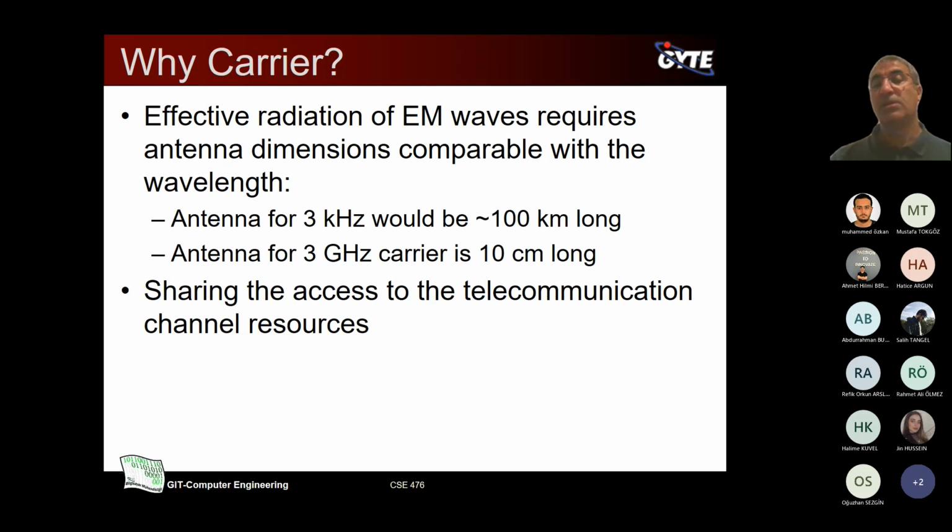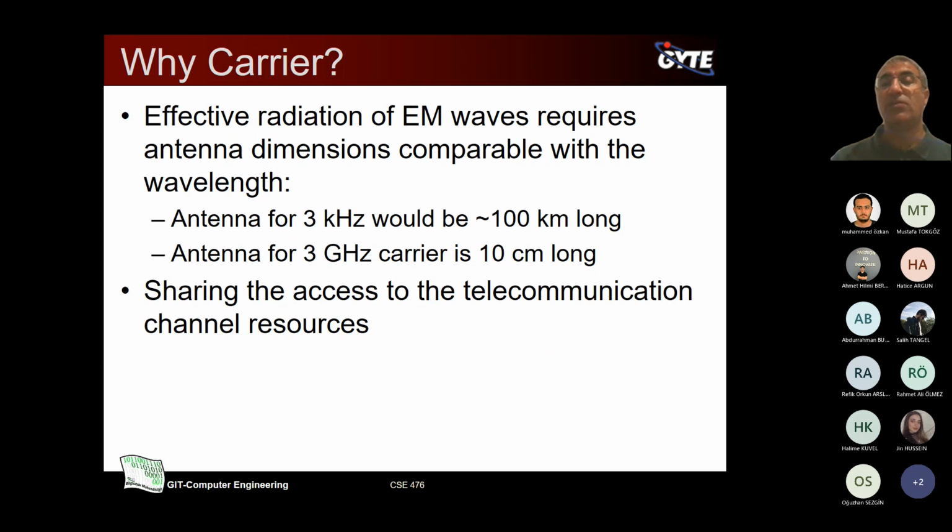The second reason is sharing the access to the telecom channel resources. Another reason could be to avoid interference, because we have many different technologies: GPS, Wi-Fi, Bluetooth, 3G, LTE, radar, and so on.